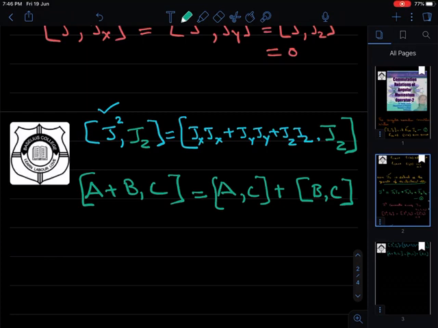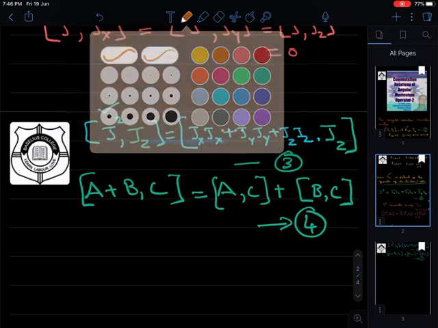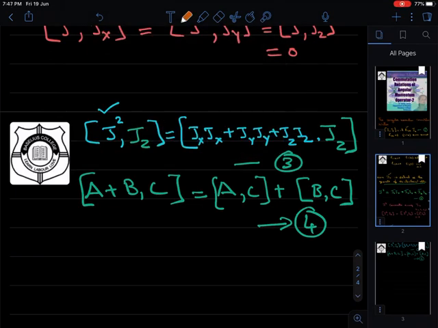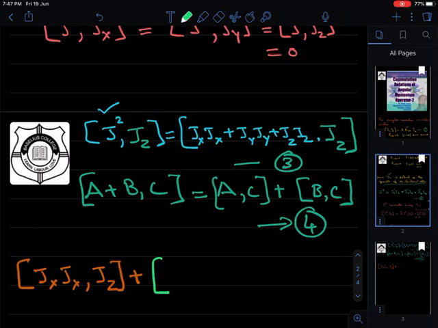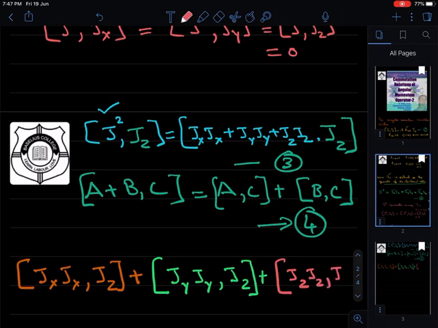Let's put this also an equation number, so this is 3 and this is 4. Employing equation 4, equation 3 will become [Jx squared, Jz] plus [Jy squared, Jz] plus [Jz squared, Jz].